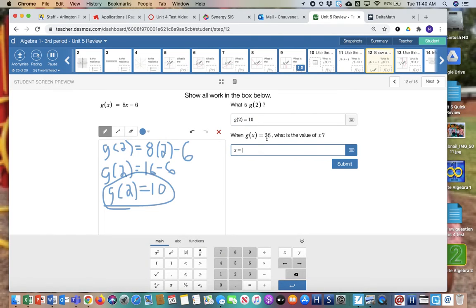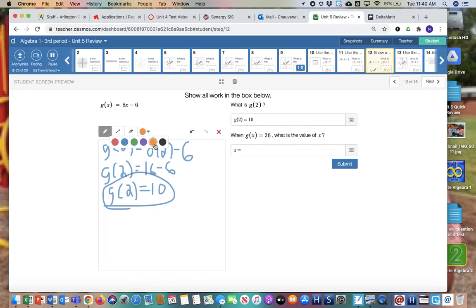Alright, g of x equals 26. Well now, where is the g of x? It's on the left-hand side. So I'm going to write it where I see the g of x. So I'm going to put 26 equals 8x minus 6. Alright, well now I'm going to add 6 to both sides.